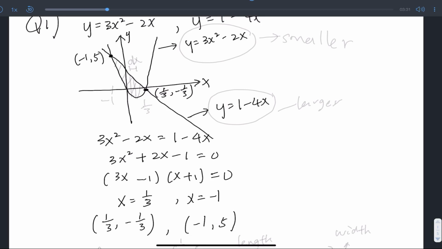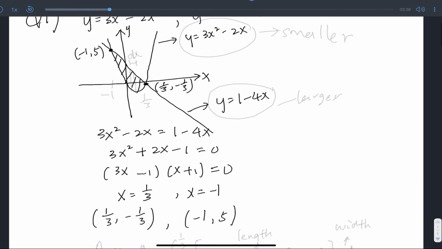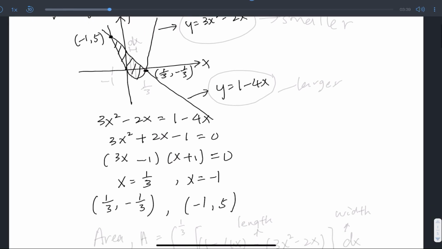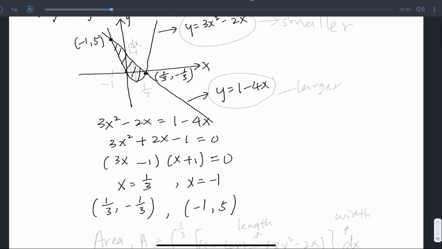Don't forget the question is asking you to find the area bounded by these two functions, so you have to continue. Which function always gives you the larger value?